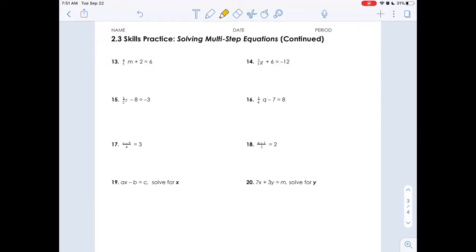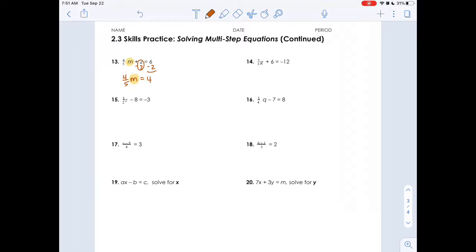I've got a couple more problems on this page. 13, we have 4/5 m plus 2 equals 6. So my variable here is m. I'm going to get the 4/5 m alone by subtracting 2 from both sides. 2 minus 2 is 0, leaving me with just 4/5 m equals 6 minus 2, which is 4.